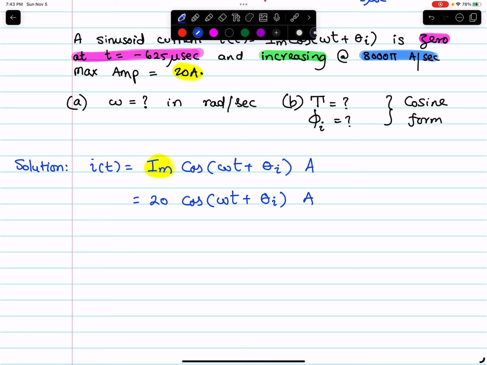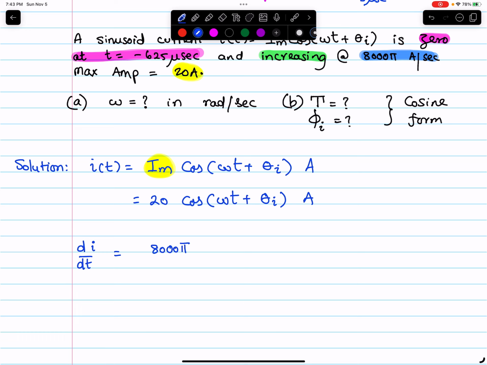Now where do we go? Let's use this blue piece of information, the rate of change. d/dt of i(t) is given to be 8000 pi.